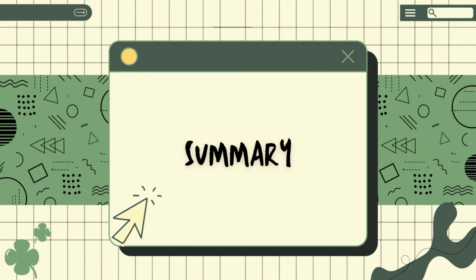In syntax, we study how words are arranged and how that affects the meaning. And in morphology, we see how words are formed and what the basic form of a word is before it is combined to create another meaning.